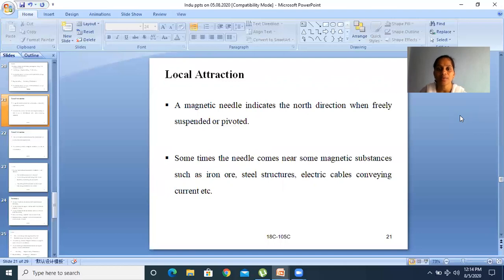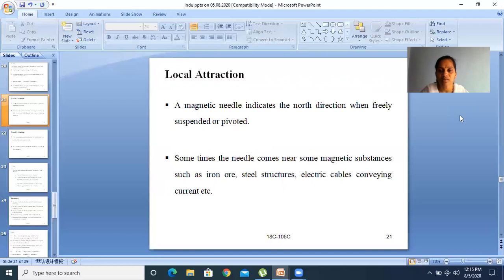Then what do you mean by local attraction? A magnetic needle indicates the north direction when freely suspended or pivoted. So when we use a compass, the magnetic needle has to show the north direction of the earth, that is its working condition, when there are no local attractive forces.